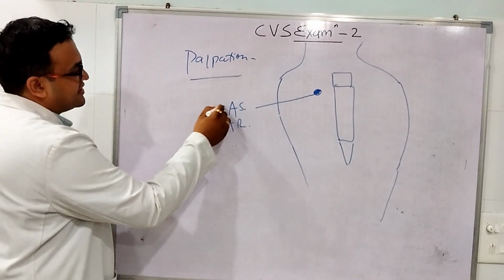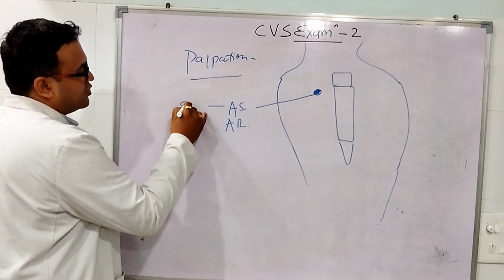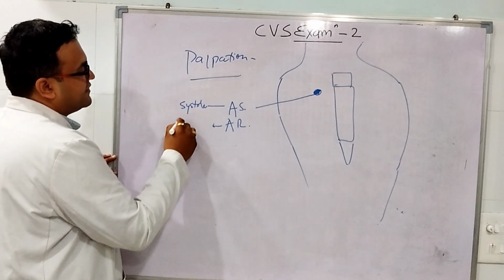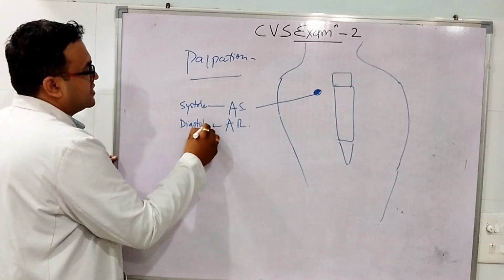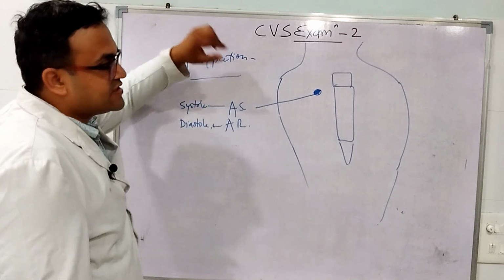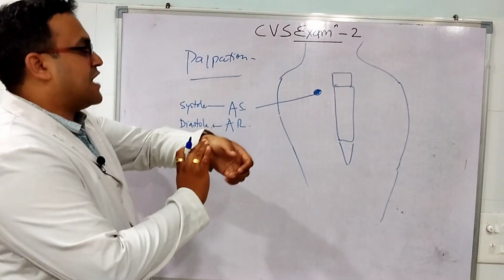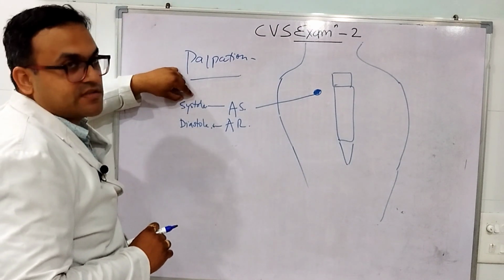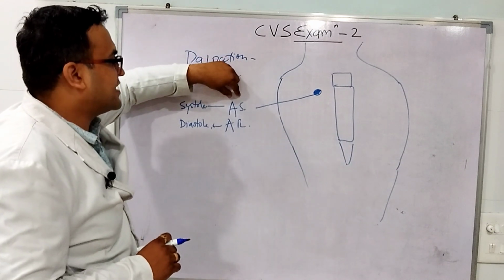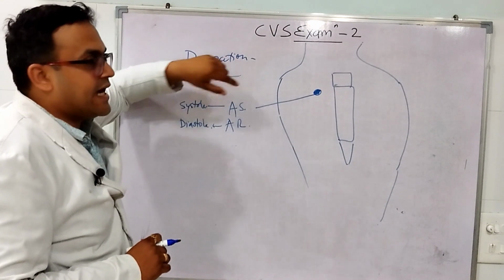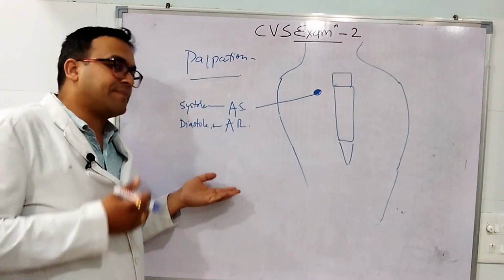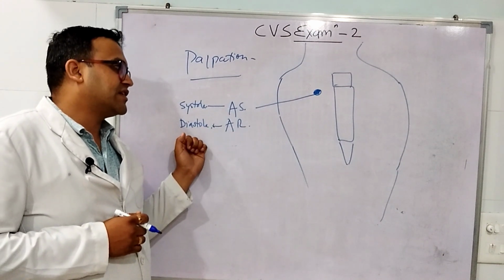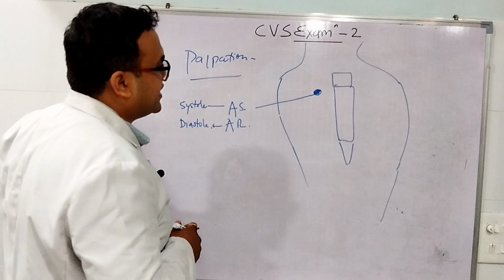In aortic stenosis the thrill will be felt in systole, and in aortic regurgitation the thrill will be felt in diastole. Clinically, if you feel a thrill just after the pulse, that is a systolic thrill, and in the aortic area it is associated with aortic stenosis. If you feel a thrill just before the pulse, that is a diastolic thrill of aortic regurgitation in the aortic area.